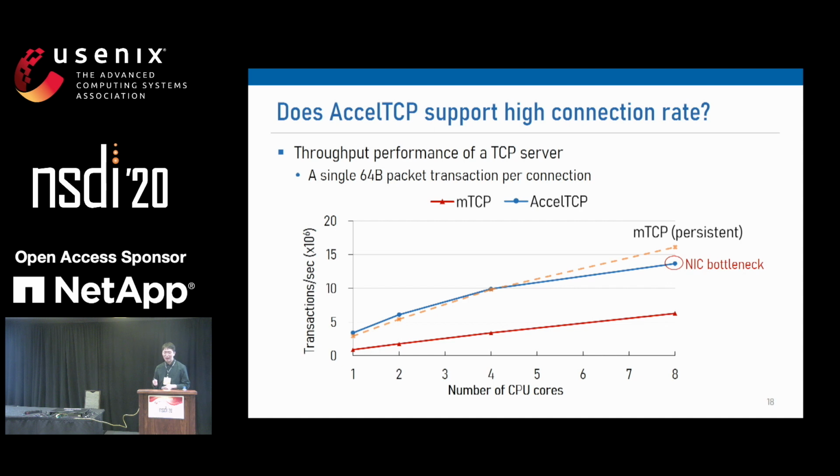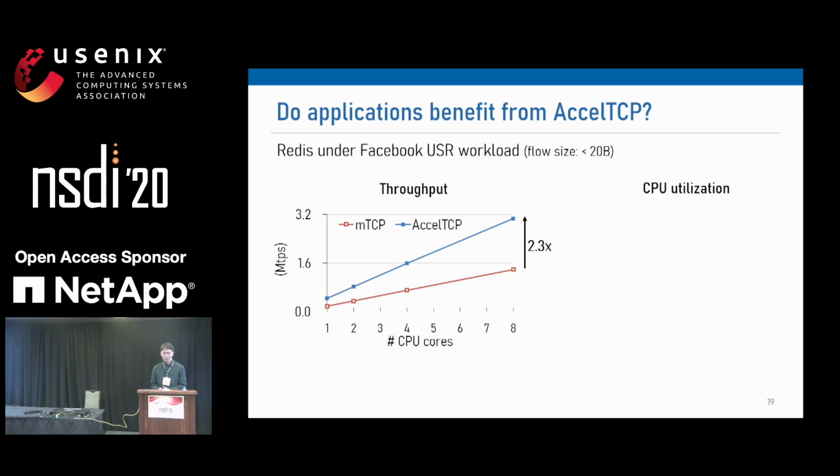Because AccelTCP eliminates the connection setup and teardown overhead, it implies that application developers now don't have to stick to persistent connections because of performance concerns. Because the complexity of connection management is offloaded to the NIC, we don't have to take on the complexity of managing a connection pool or idle timeout. With AccelTCP, you can just open a new connection whenever you need, and close it simply if you don't need it.